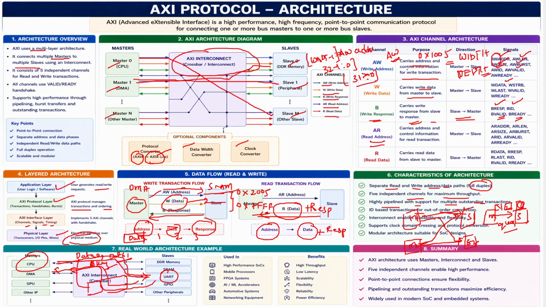Based on this, the slaves can respond in any order. First I am getting the response from slave 1, after that from slave 2. Initially I initiated the transaction with slave 2, but we are getting the response from slave 1 because slave 1 is the faster slave and slave 2 is the slower slave. Based on that we will get the response.